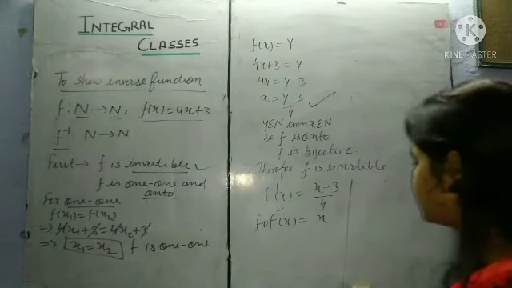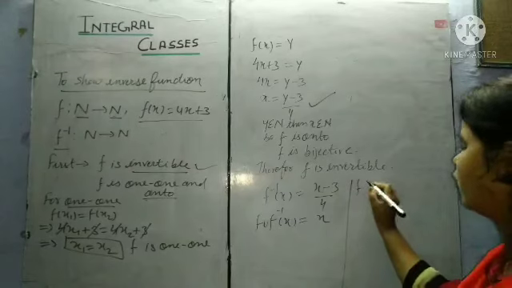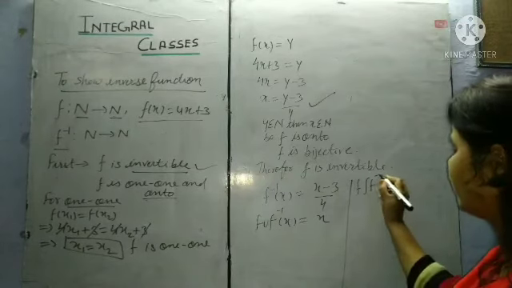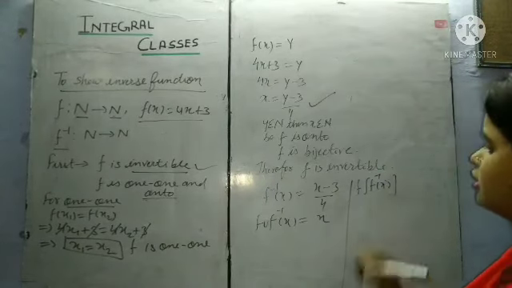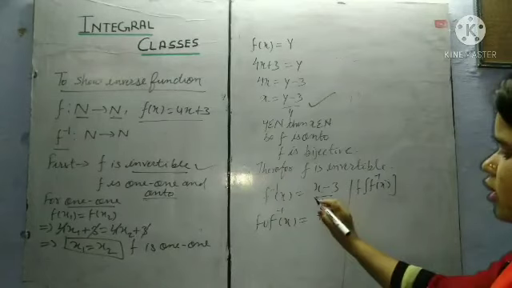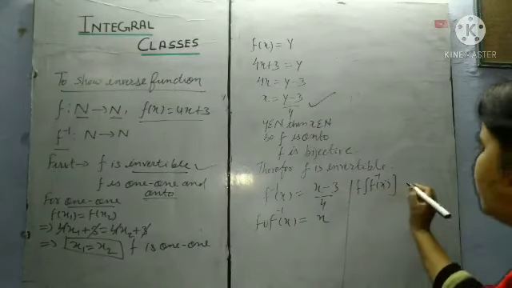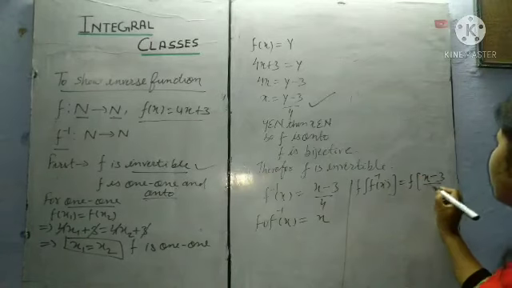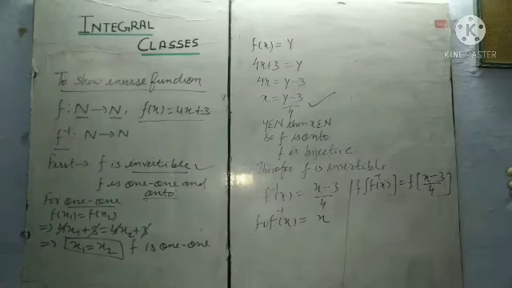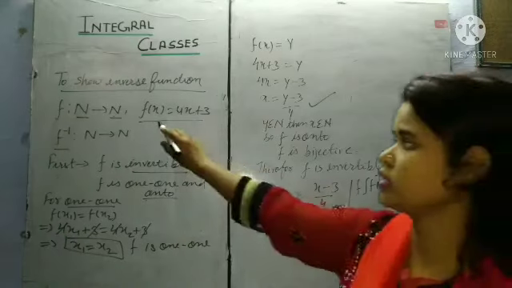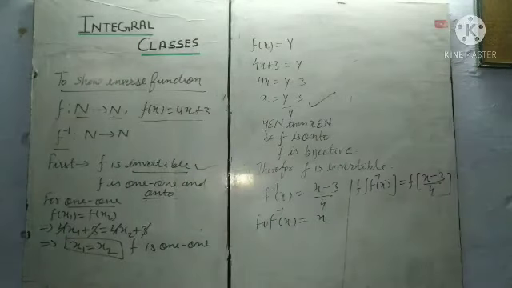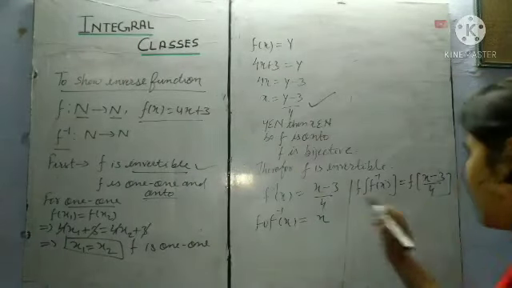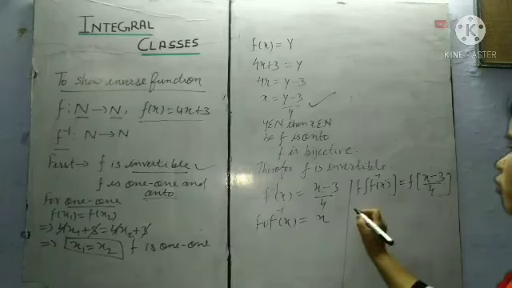So for this, now put the value f of f inverse x. Now what is the value of f inverse x? (x minus 3) upon 4. f of (x minus 3) divided by 4. Now function is given f(x) is equals to 4x plus 3. Now we will replace x by (x minus 3) by 4.